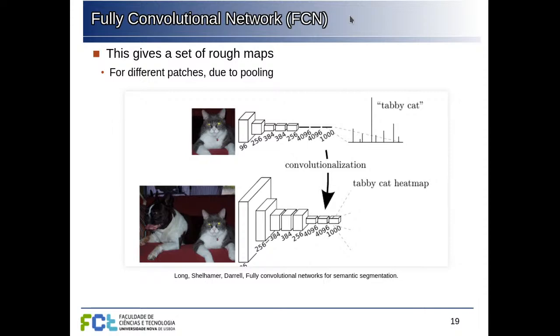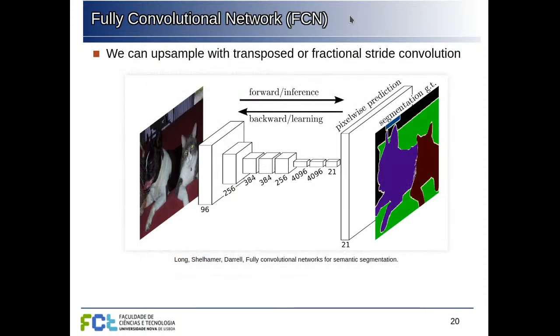So the other thing the authors proposed was to upsample from this rough map at the end, to produce feature maps that had the same dimension as the original image, and then do the classification pixel-wise on those feature maps. So basically, this first part of the network can just be taken from a classification network where we convert the dense layers into convolution layers.